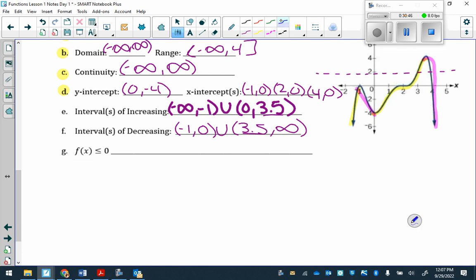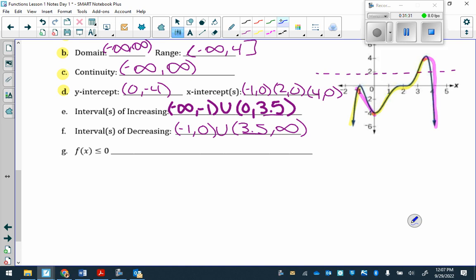So what x values make the graph negative? We would use 0 as our x value. Okay. We're using our x values. You have one segment. Where else? 4 to what? Okay.